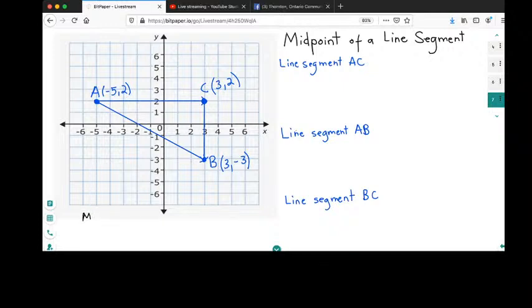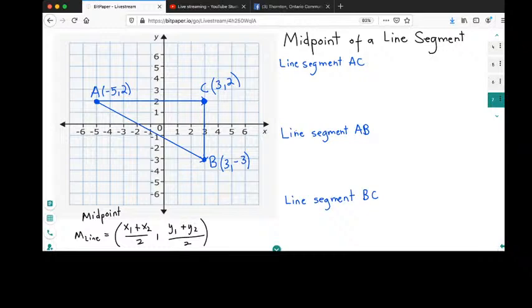So the standard midpoint formula is, midpoint of whatever the line is, basically it's going to look like this: x1 plus x2 over 2, comma, y1 plus y2 over 2.